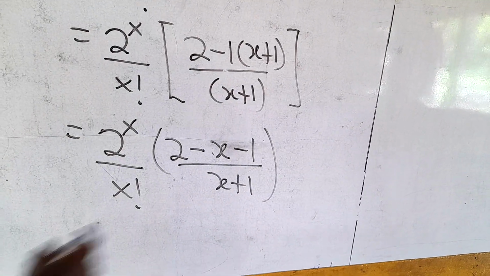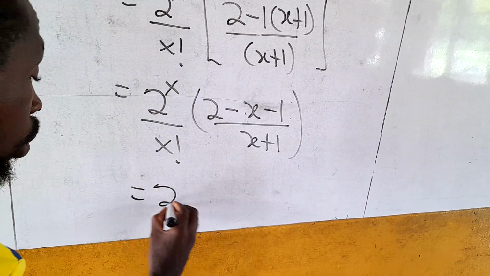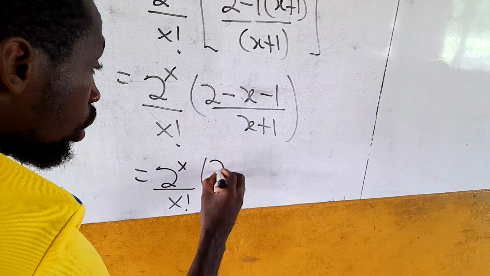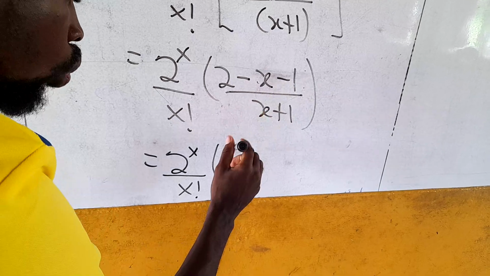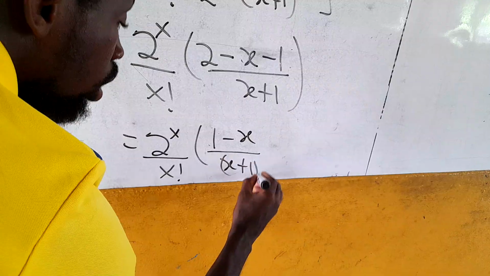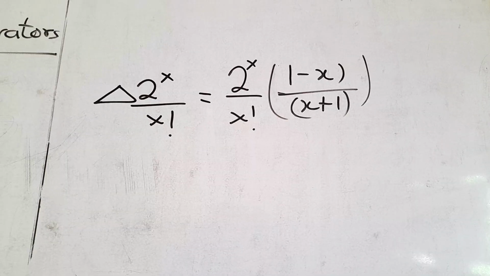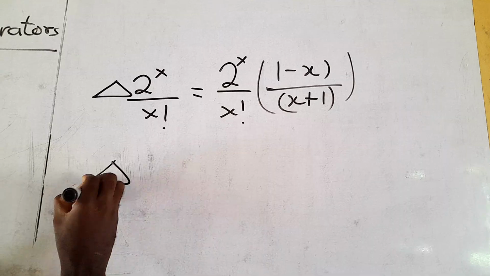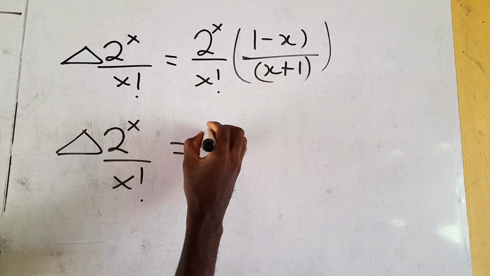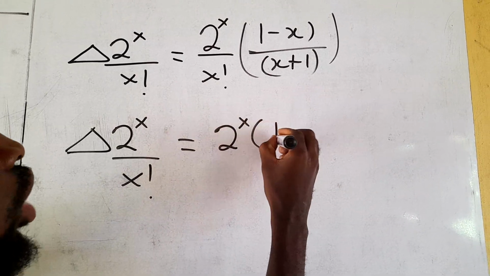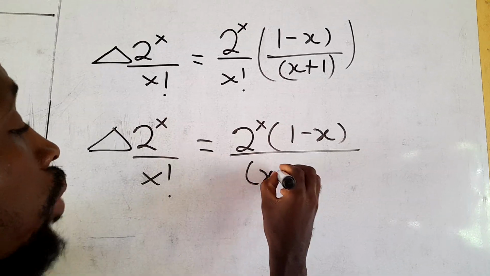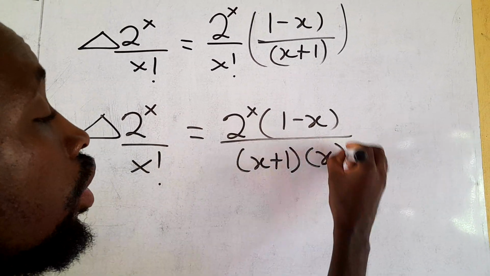So what do we do? We solve that. So we get 2 exponent x over x factorial, bracket 2 minus 1 will be 1, so 1 minus x all over x plus 1. So we can simplify further and say the delta of the function 2 exponent x over x factorial will be equal to 2 exponent x times 1 minus x over x plus 1 times x factorial.